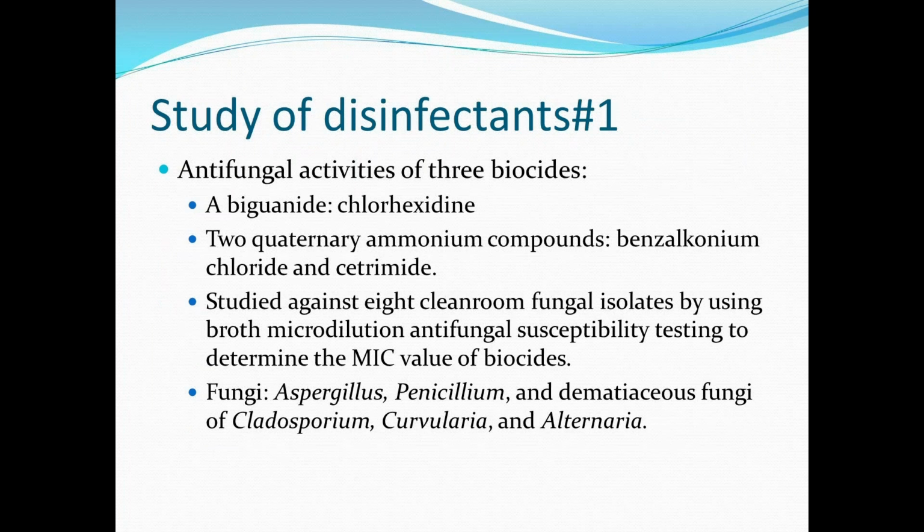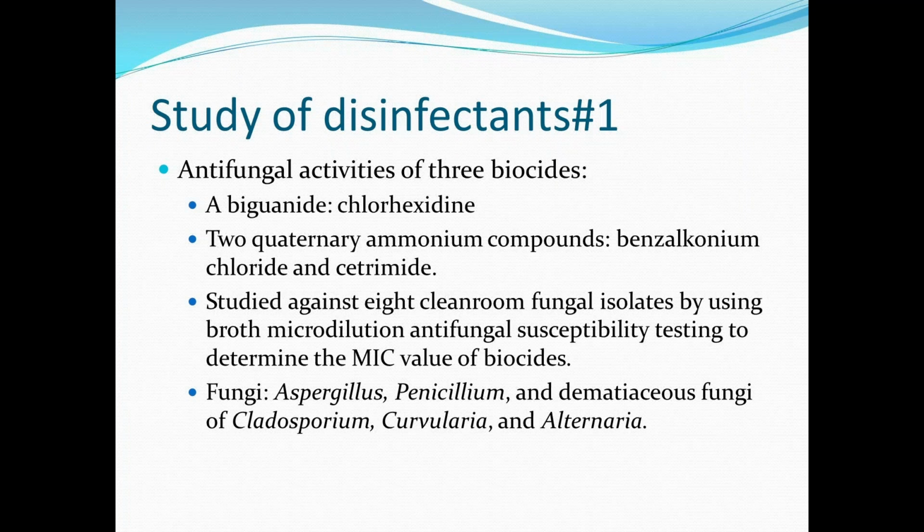Just as an aside, there was another recent study that looked at 3 disinfectants in relation to fungi. This looked at a biguanide, which was chlorhexidine, a type of polymer supplied in salt form. These disinfectants have a fairly wide spectrum of activity. It also looked at 2 quaternary ammonium compounds, a chloride-based chemical and cetrimide.